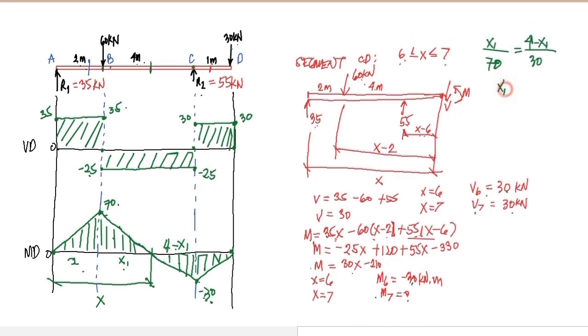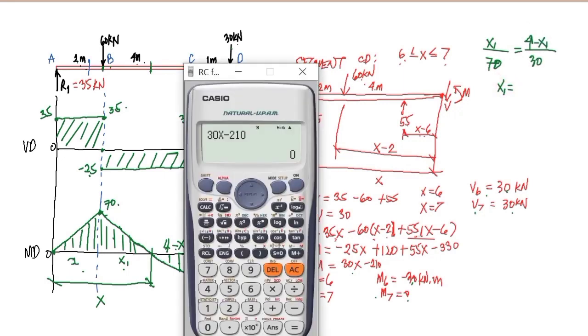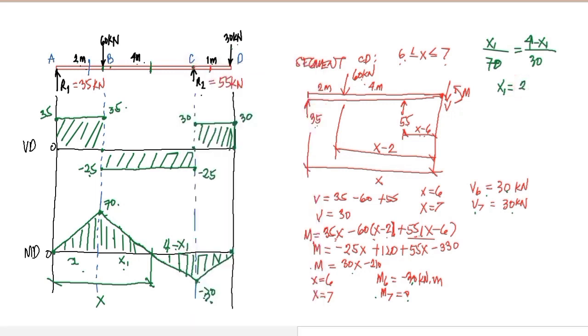So, solving for the value of x sub 1, we have x over 70 is equal to 4 minus x over 30. Shift, solve, and we have here 2.8. So para makuha natin yung value ng x, that is x sub 1 plus 2, so 2.8 plus 2, the value of x here is 4.8 meters from the point A.